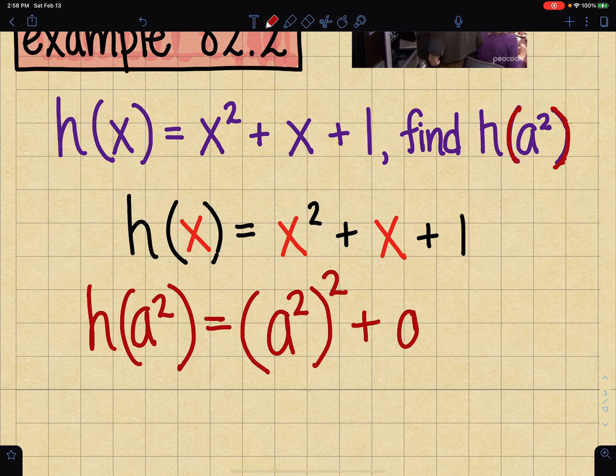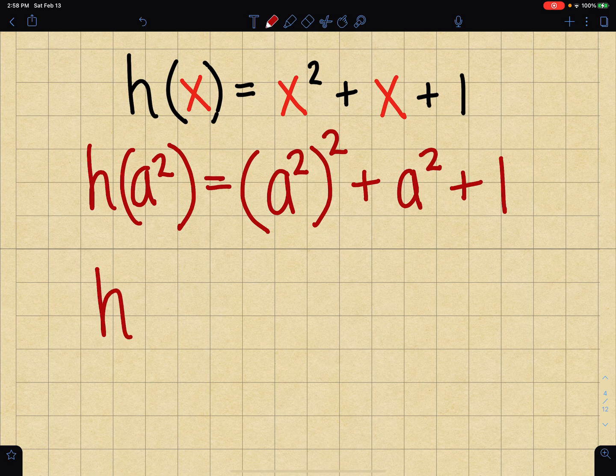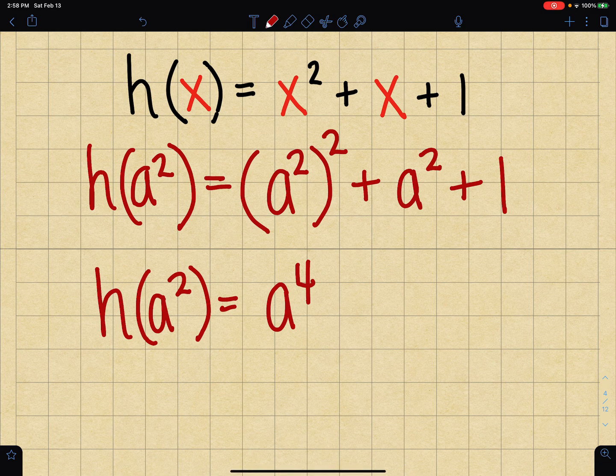Now you have plus a squared plus 1. So let's simplify this, and it's going to be h of a squared is equal to a to the 4th, okay, plus a squared plus 1. And we can't simplify it anymore, so that's just what we get.